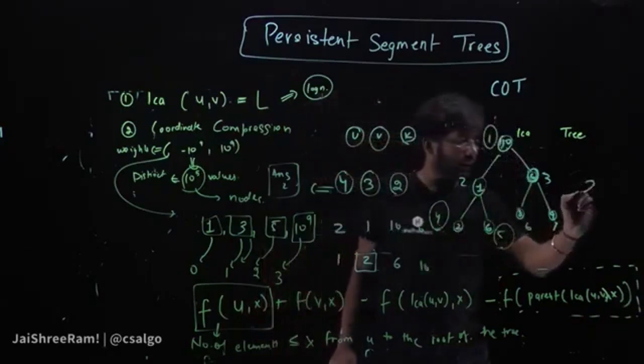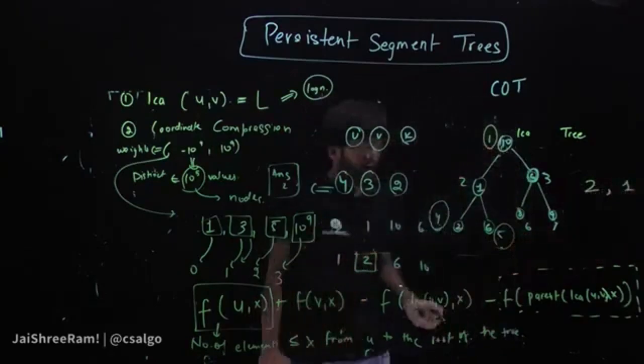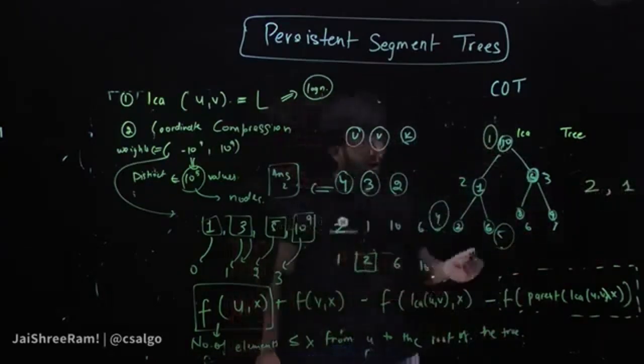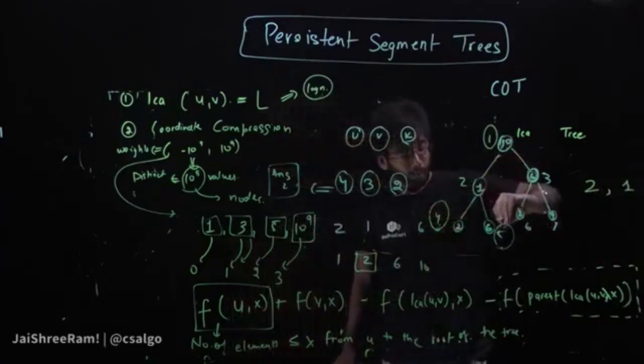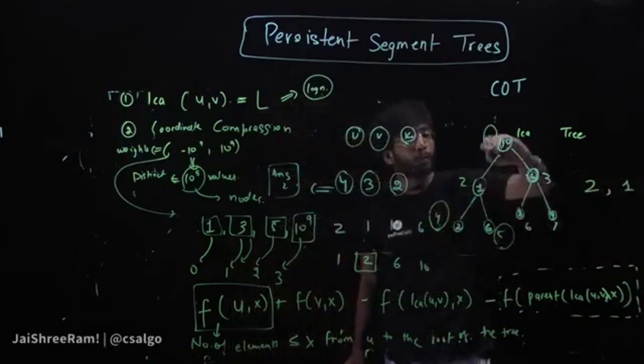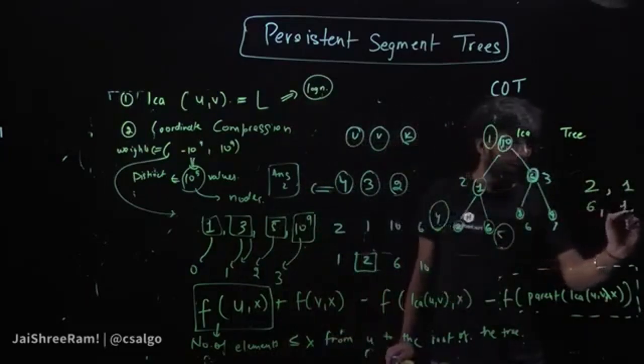So this I'll consider 2, 1 and 10, and then I can again consider all the elements from the node 5 to the root of the tree, which is 6, 1 and 10.